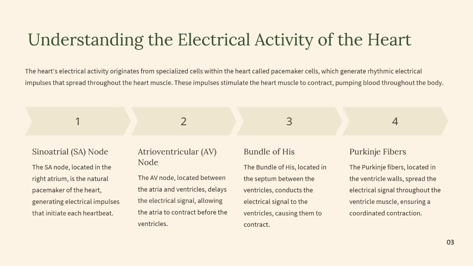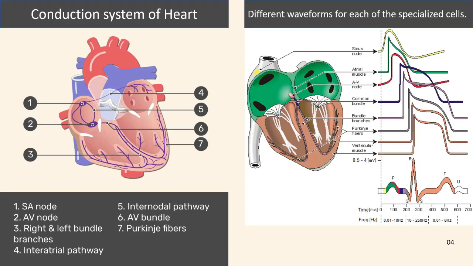So let's understand the electrical activity of the heart through the diagram. Here we can see four chambers of the heart. In the right atrium, there are two nodes.